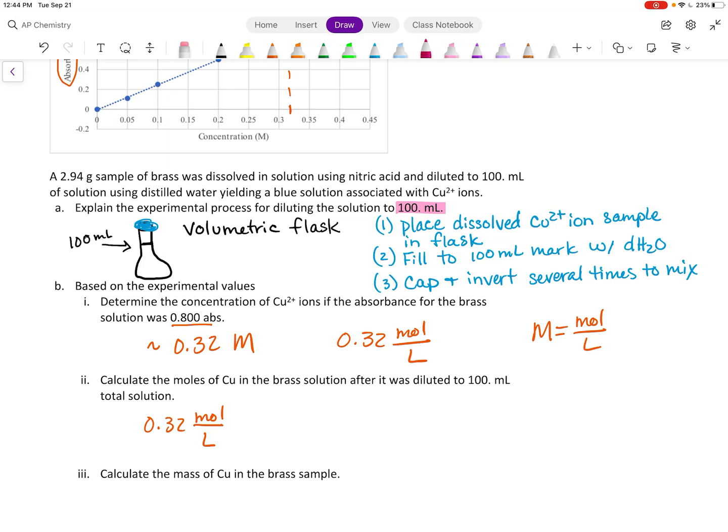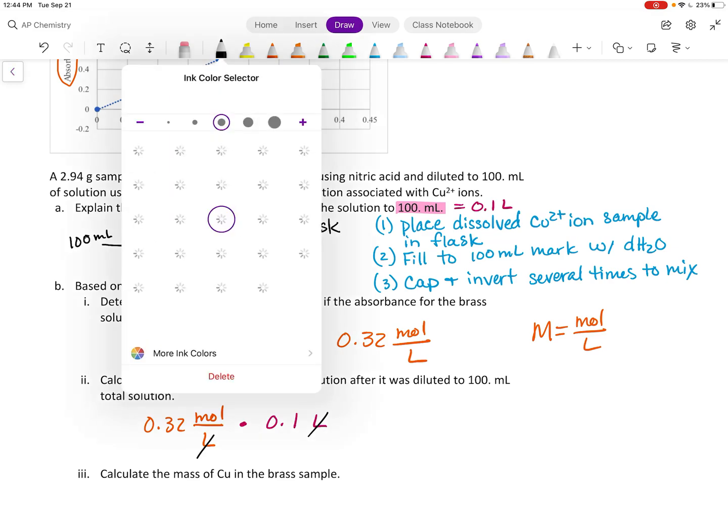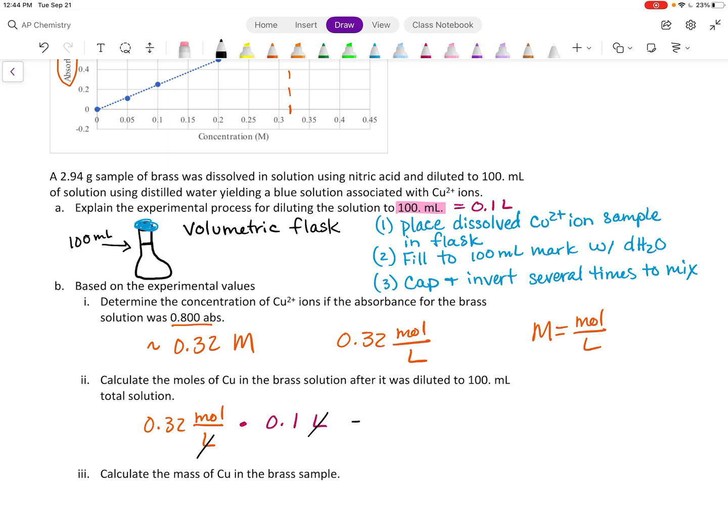And so the solution that we had was 100 milliliters, and in liters, that would be 0.1 liters, or divide by 1,000. So we're going to multiply this times 0.1 liters. Liters are going to cancel, and we're left with moles, and this is how we can determine the number of moles. So let's go ahead and do that, and we get 0.032 moles of copper that were in the sample.